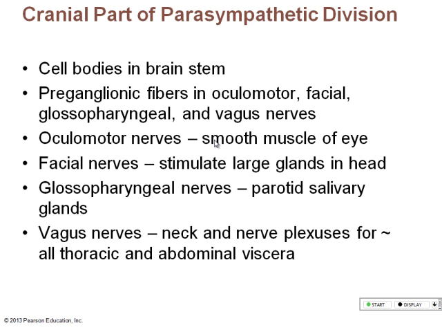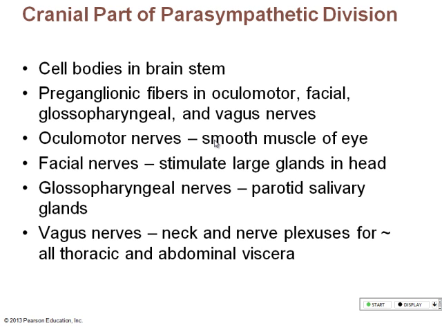So, cell bodies in the brainstem are going to communicate with preganglionic fibers in cranial regions like the oculomotor, facial, glossopharyngeal, and regions outside the cranial area by communicating with the vagus nerve.